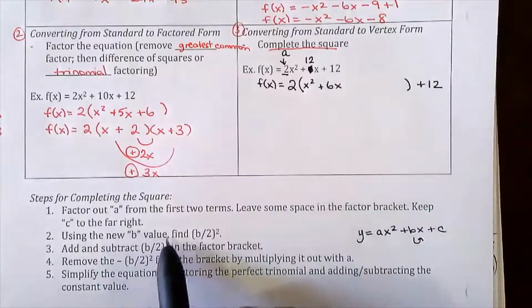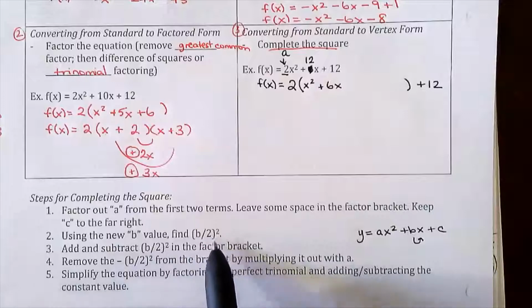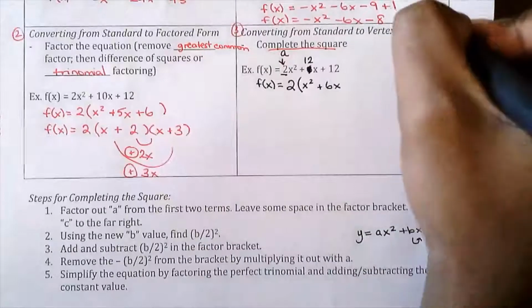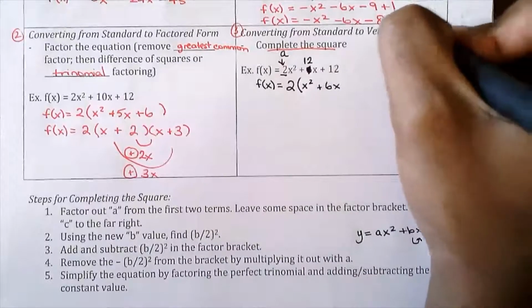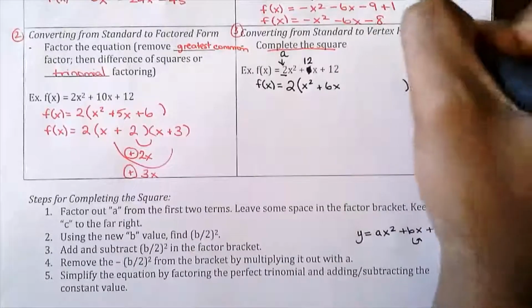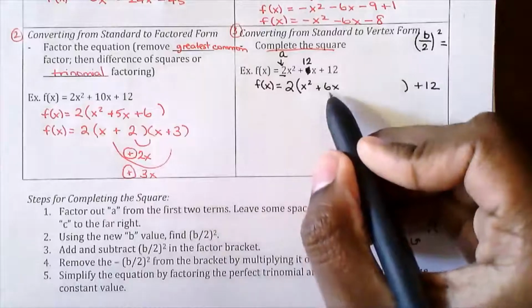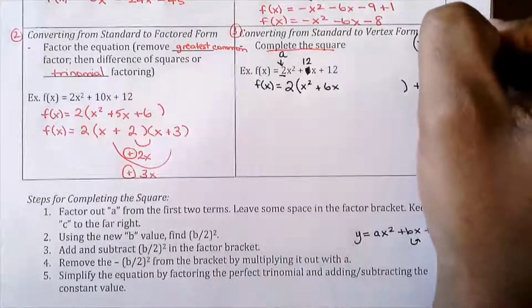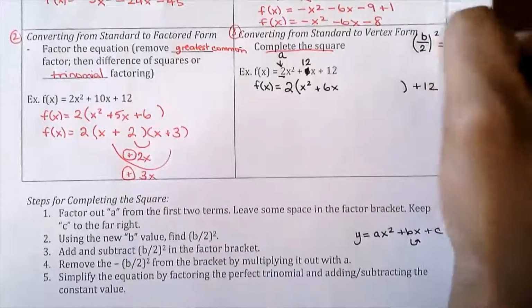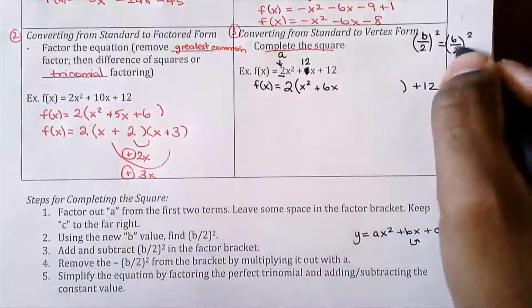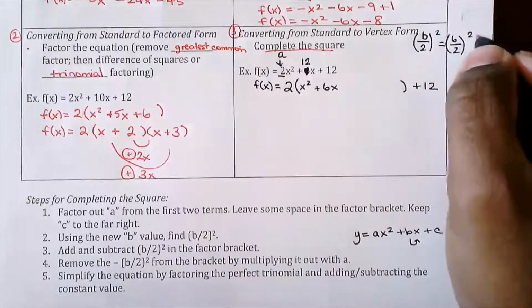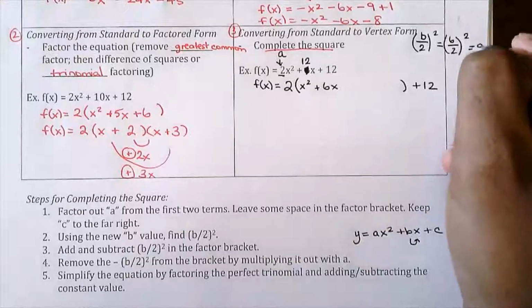Using your new b value, find b divided by 2 squared. So we'll write that down, b divided by 2 squared. In this case, our b is 6. So 6 divided by 2 squared. 6 divided by 2 is 3. 3 squared is just 9.